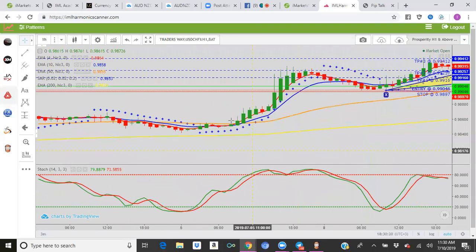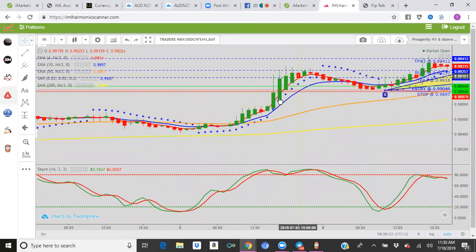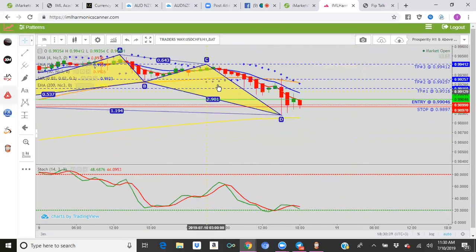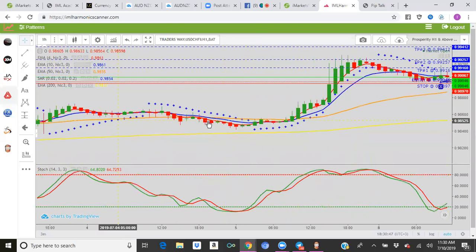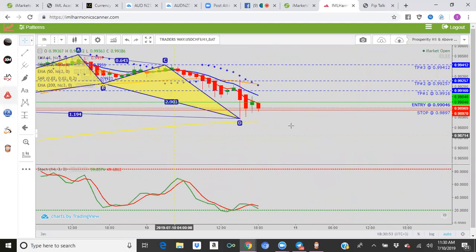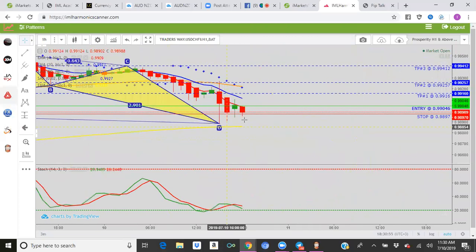We either trade walking up the stairs, which is what I call a buy, because this resembles walking up a flight of stairs, or we trade walking down a flight of stairs. This is a sell. Okay? That's the only thing you trade. You do not trade a sideways market. You will be mad. Okay? Don't do it.